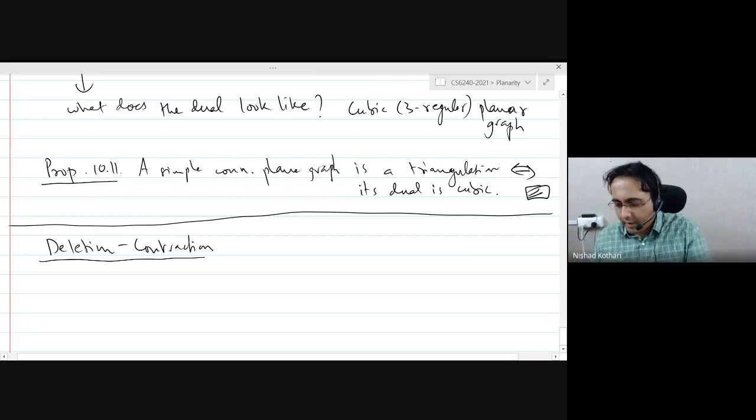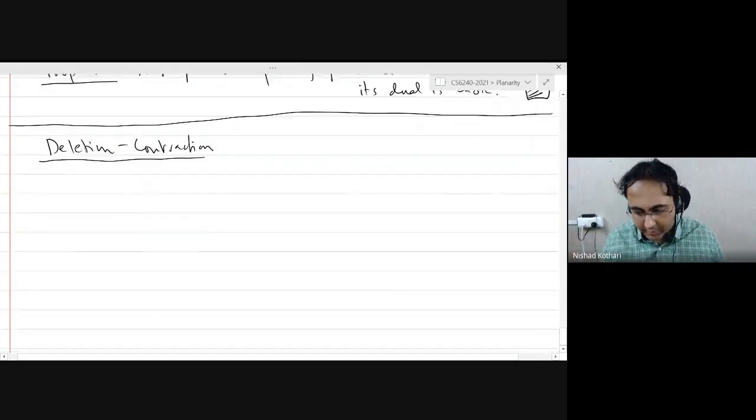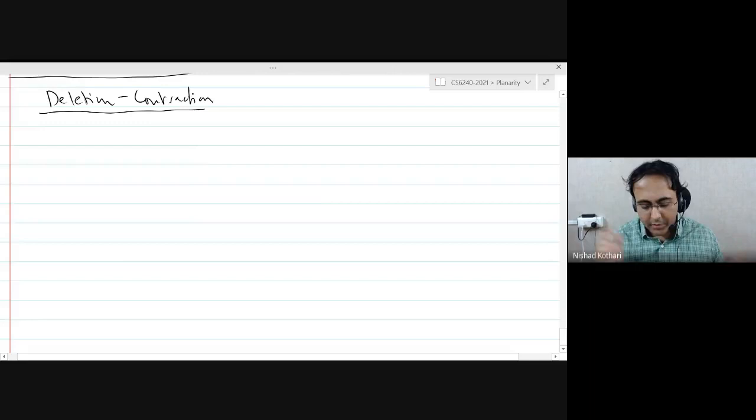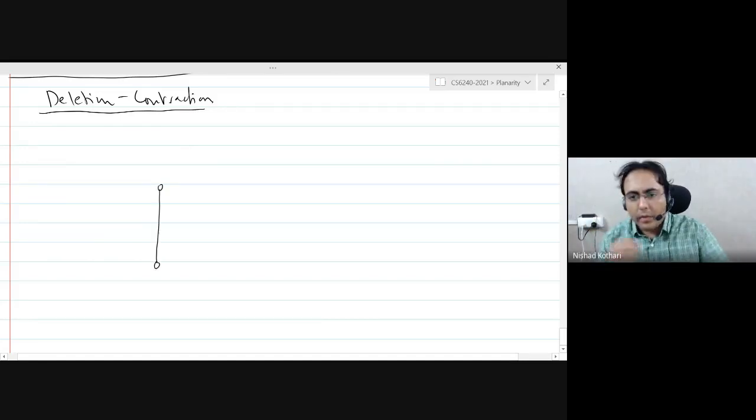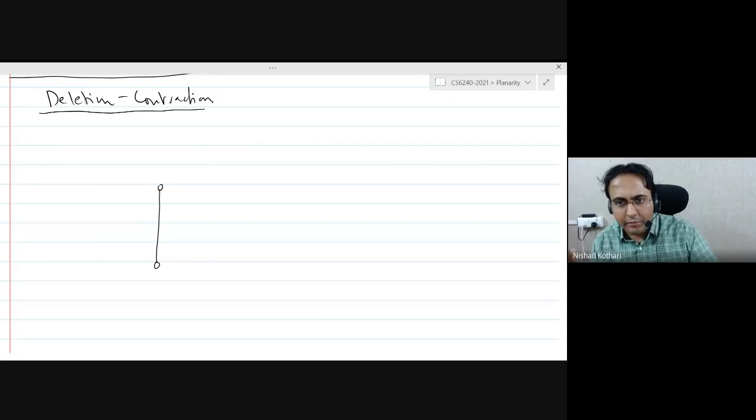Okay, so let me give you an example, and I won't write down the rigorous proofs of some of these things, but the proofs are in the text, and you can probably write them down on your own as an exercise. So what I want to do is consider what the deletion of an edge looks like and relate it to the dual of the graph.